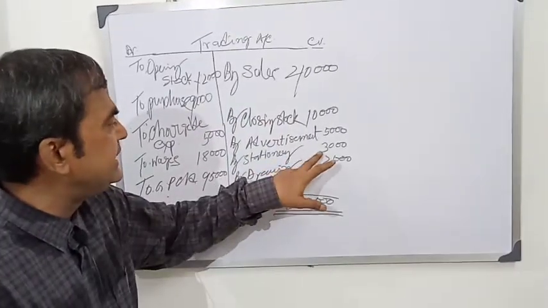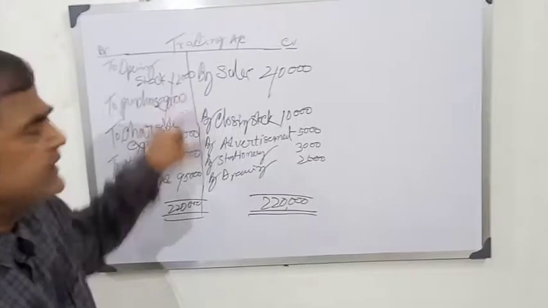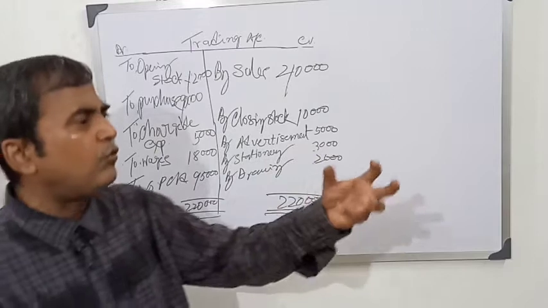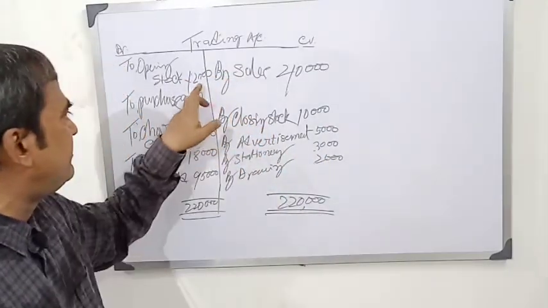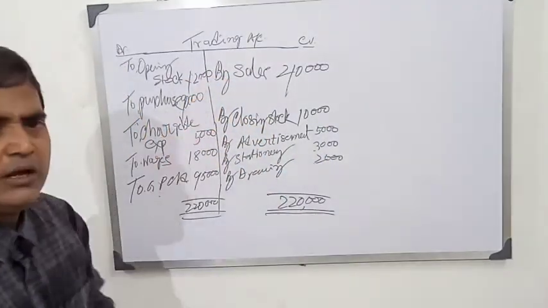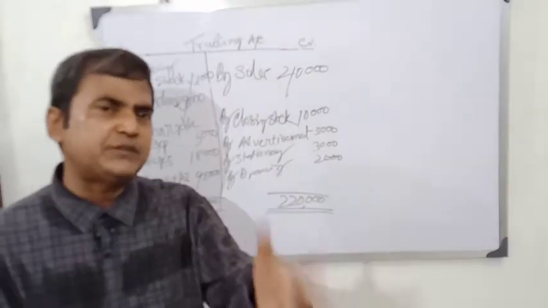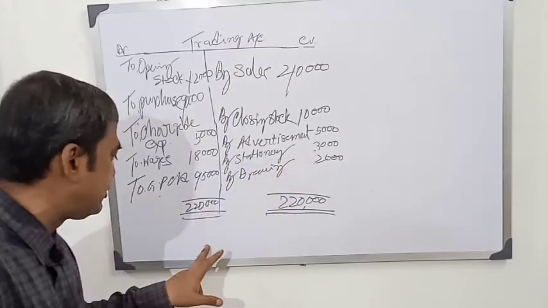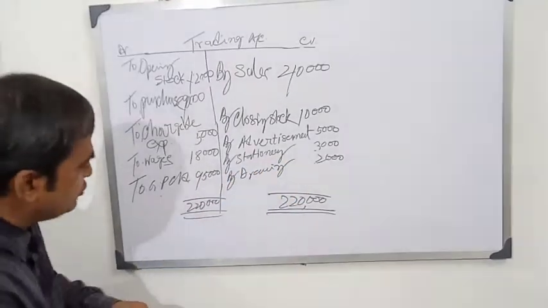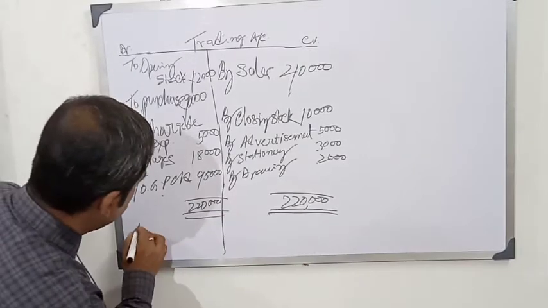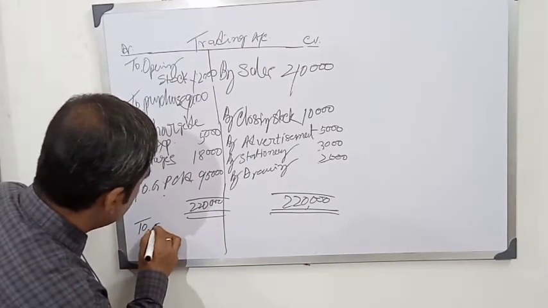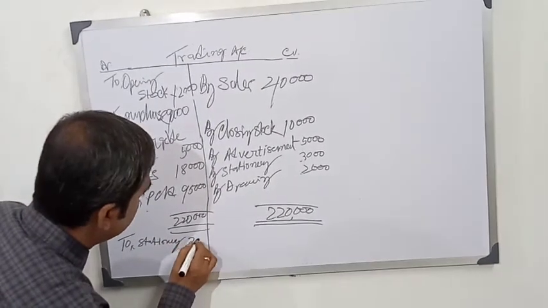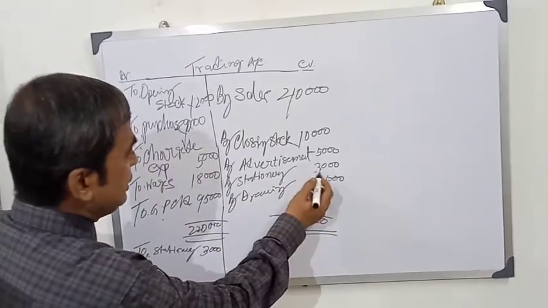But stationery 3,000, the stock they are dealing in for selling, also 3,000 worth of goods they have taken from either of these two and utilized for office stationery purposes. So trading account credit, profit and loss account debit. So we write to stationery account 3,000. That is this 3,000.